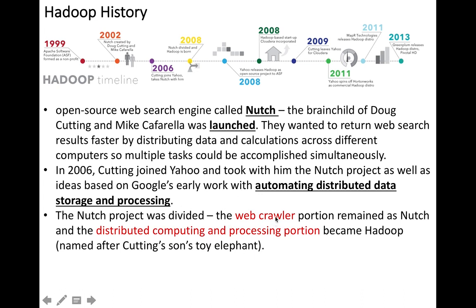If you want to analyze the results for a website, generally we can use the web crawler. That's a very famous project also. In fact, there is much research on the web crawler. But the other part, the distributed computing and processing portion, became Hadoop. That's named after Cutting's son's toy elephant.